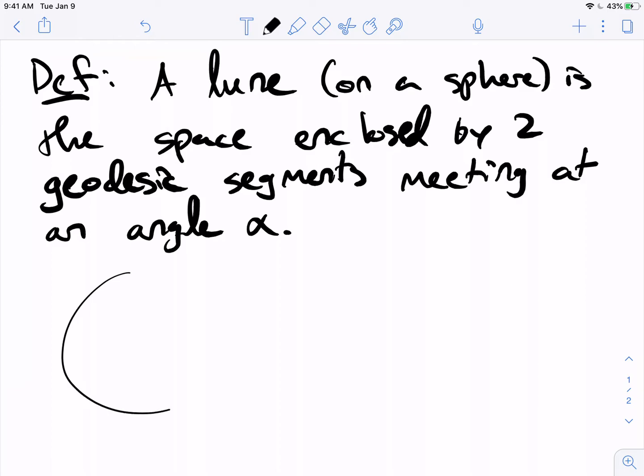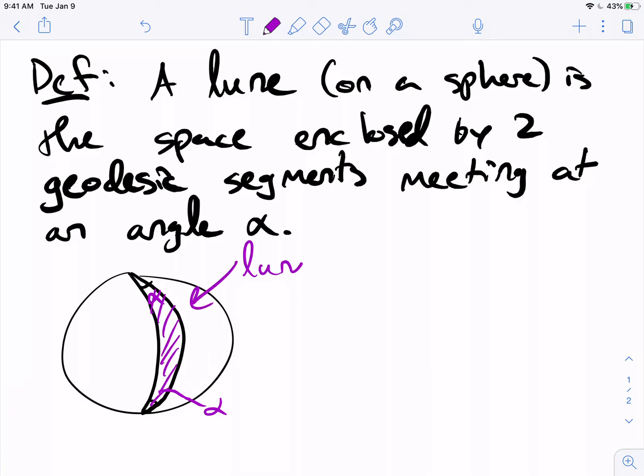So the picture is you have a sphere, and if I take two geodesic segments, of course they intersect twice, and I look at the space which they enclose. And the interior angle there is going to be important. So let's label it alpha. So this space inside of here, this is a lune of angle alpha in this case.